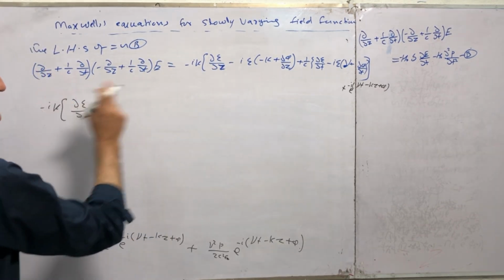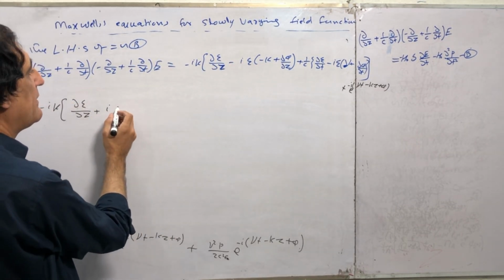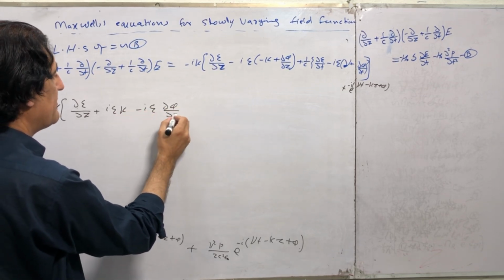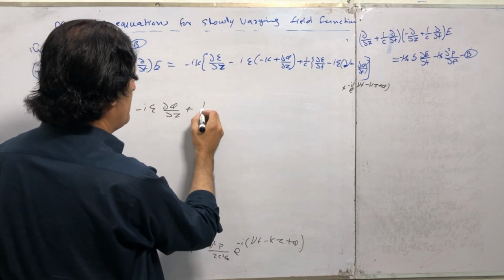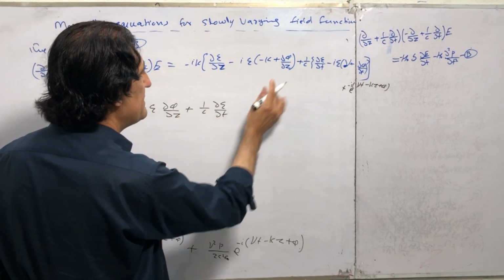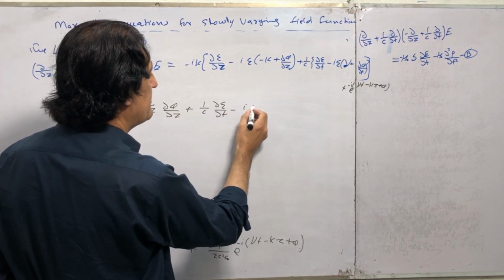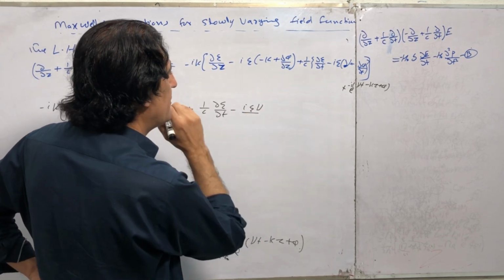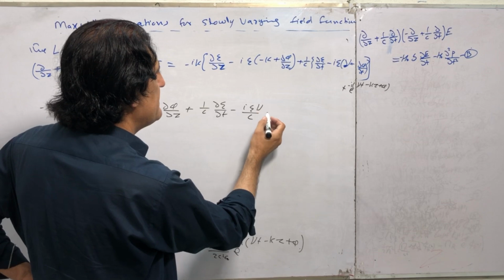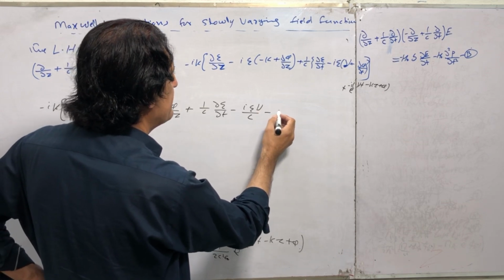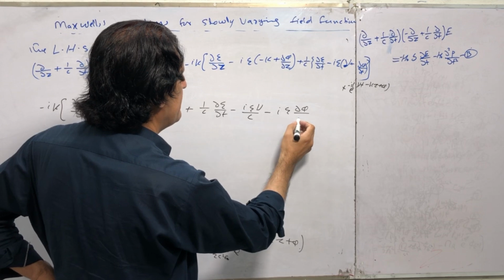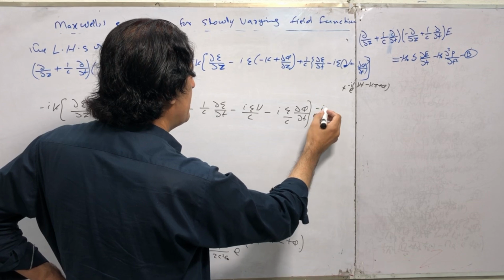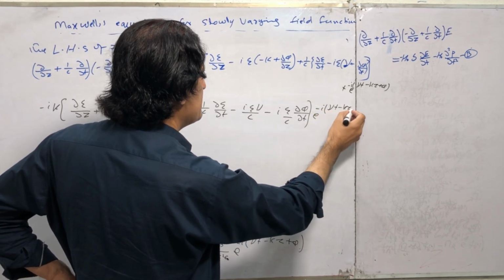If we multiply this, minus iota minus minus plus iota e k minus iota e partial phi divided by partial z plus 1 over c partial e divided by partial t and minus iota e divided by minus iota nu divided by c and minus iota e partial phi divided by partial t divided by c and e to the power minus iota nu t minus kz plus phi.